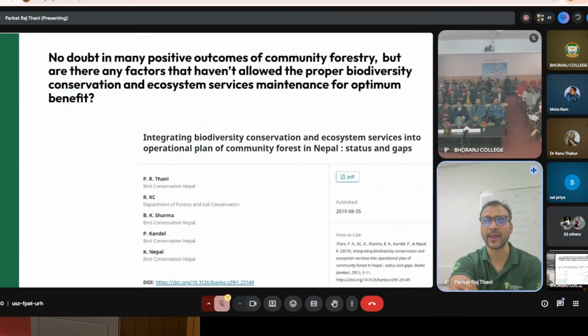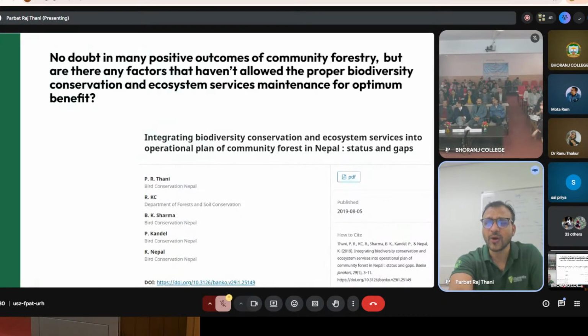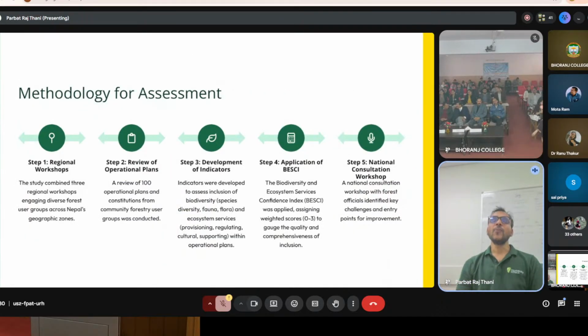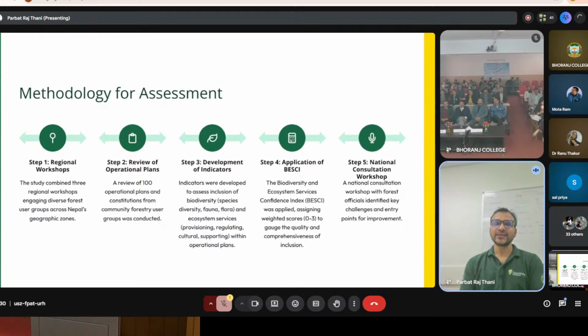Its status and gap. Our main purpose was identifying the status of community forests at the moment and what the gaps are. So this paper discusses this. To get all this status and gap information, we conducted different levels of regional workshops.